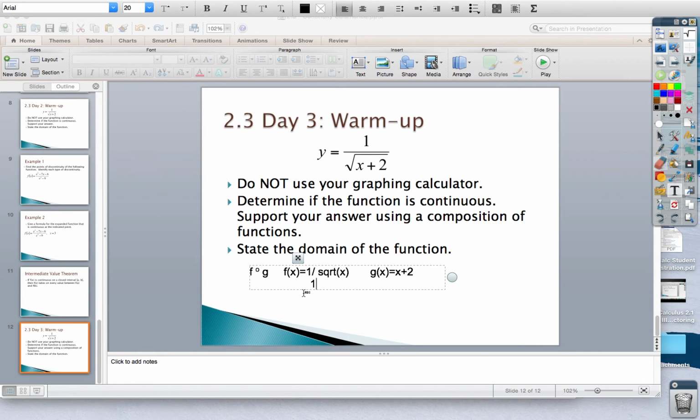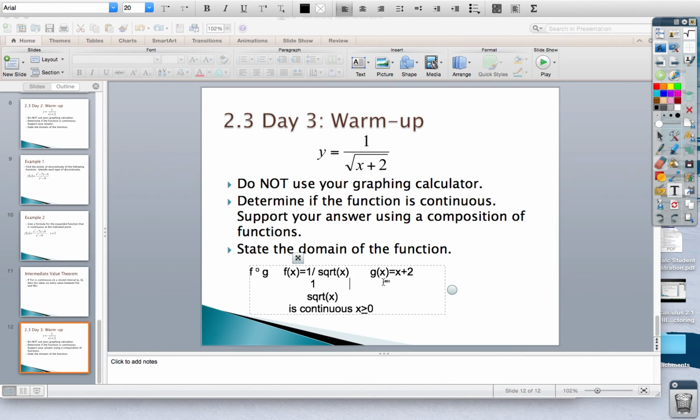So we know that 1 divided by the square root of x is continuous. We know that it's continuous when x is greater than or equal to 0.